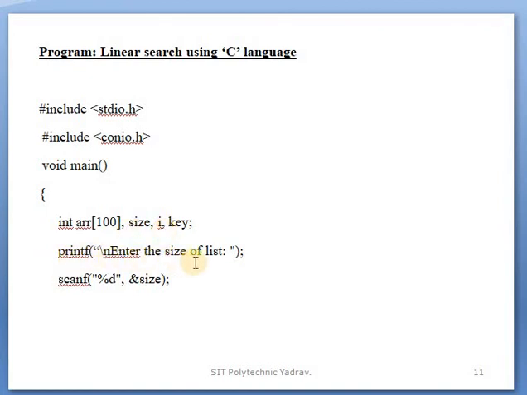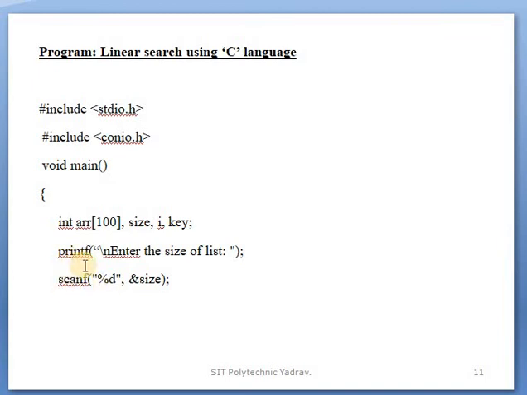Printf enter the size of list. In that, slash n means the output is displayed on a new line. In the previous chapter, in the last lecture, we covered these programs and explained all the meanings. Next, scanf.